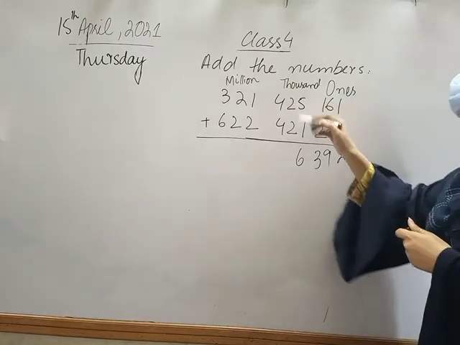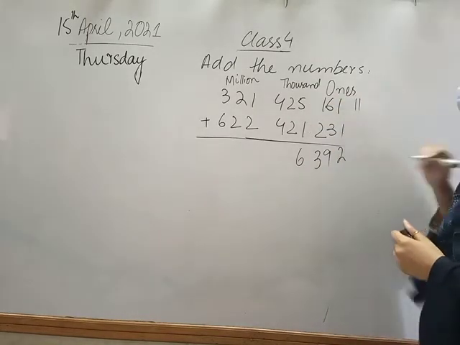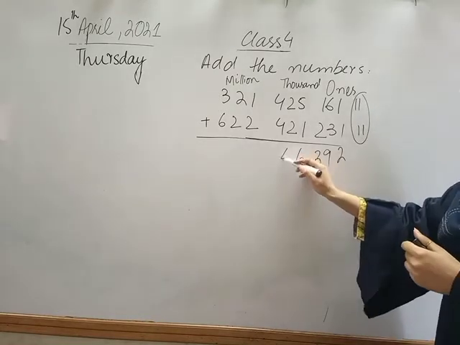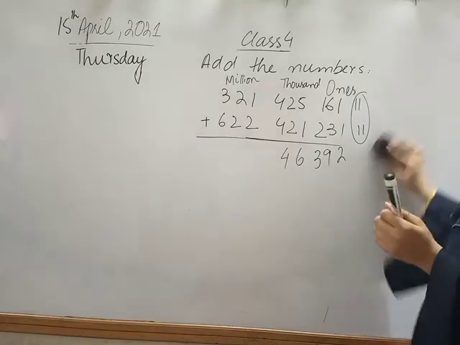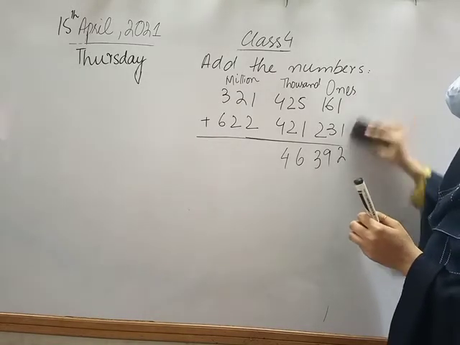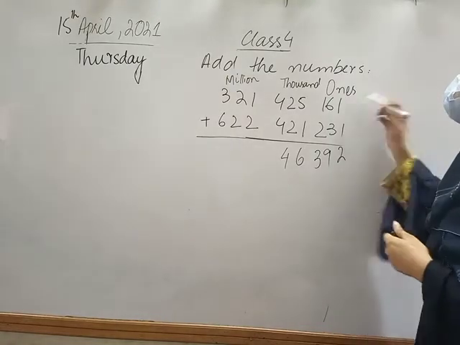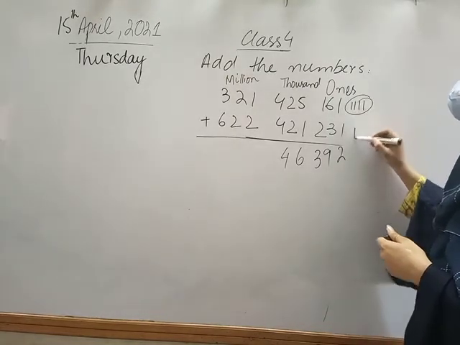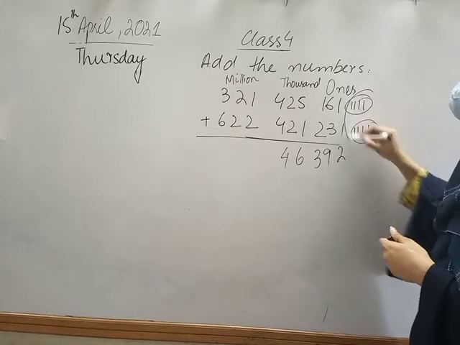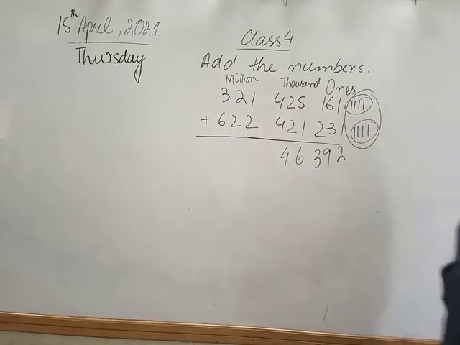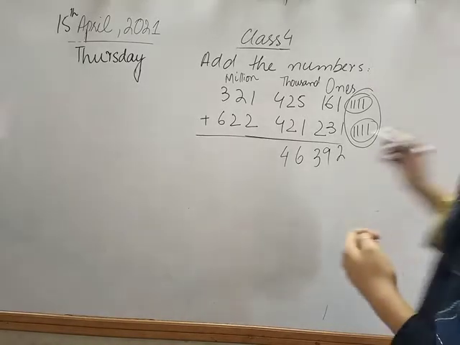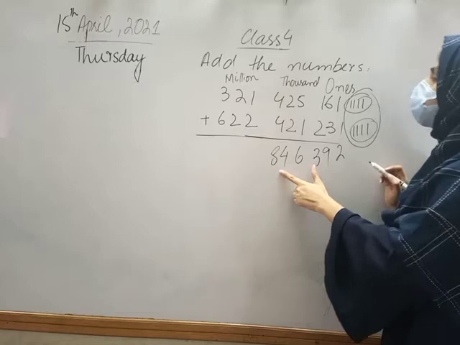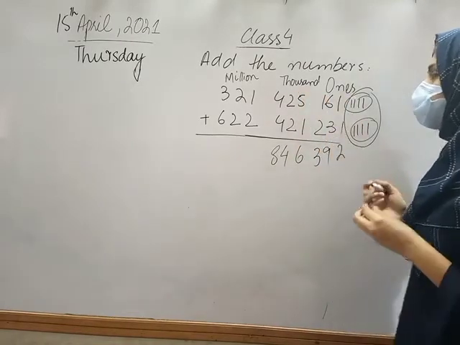Next is 2 plus 2, in total I have 4. Now next, 4 plus 4, in total, Anya, you tell me, 8. Very good. So this 846 belongs to the 1000 column.